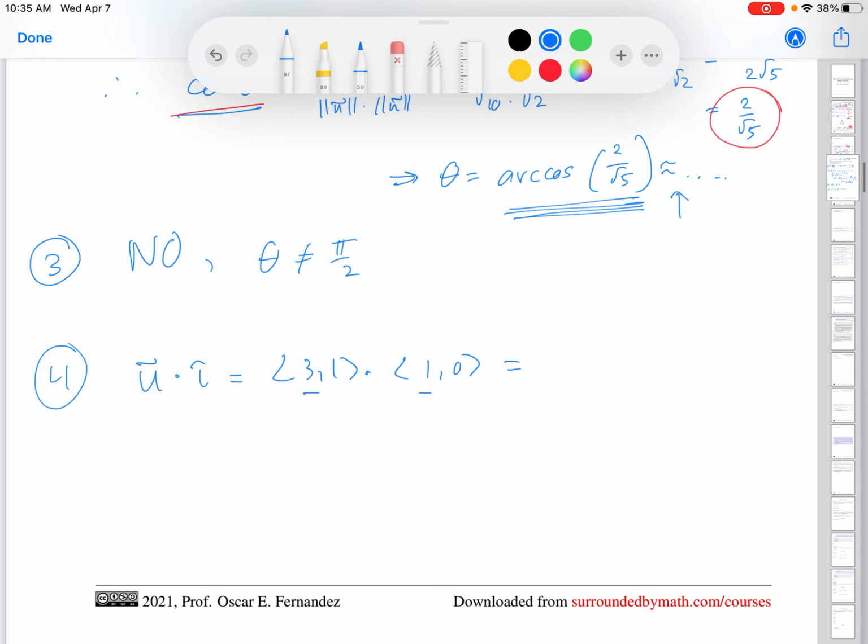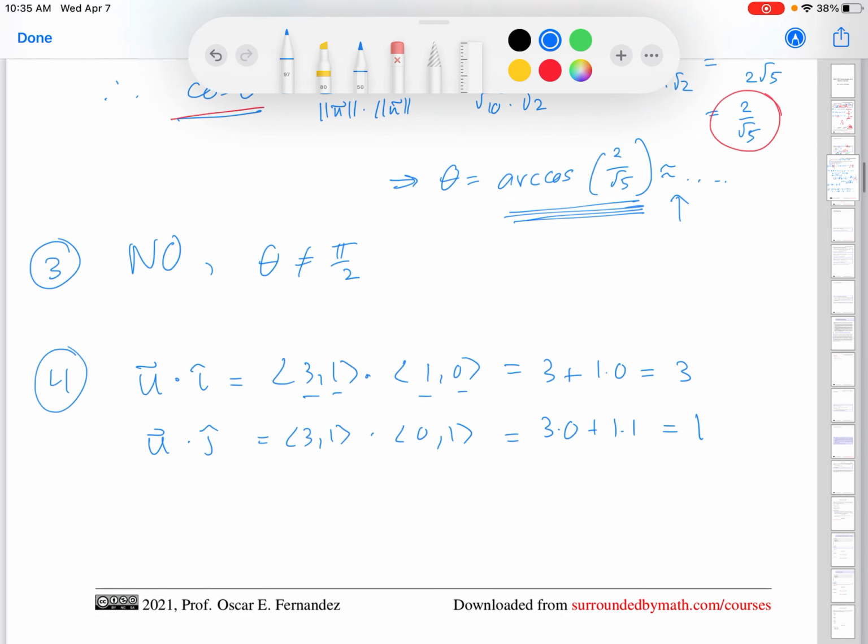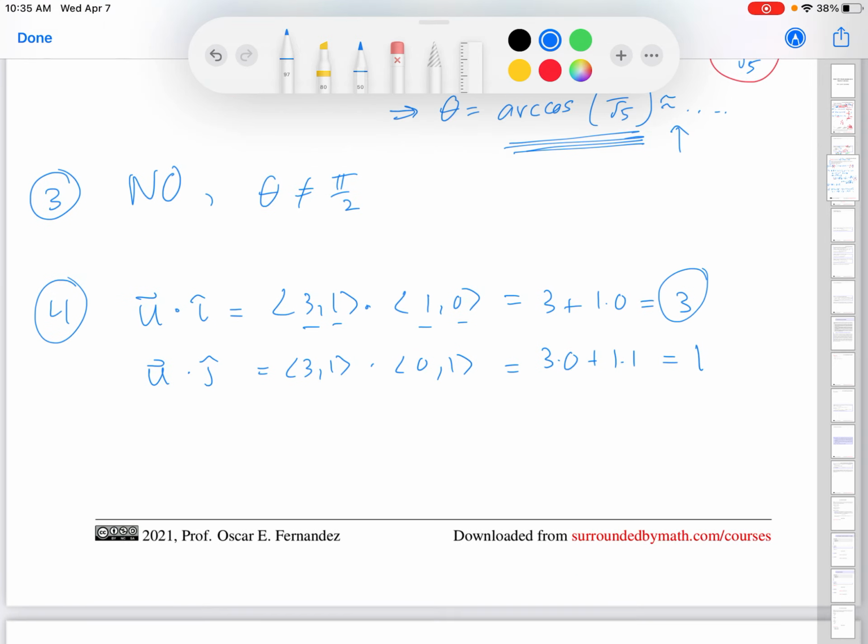So I multiply the x components together and I add the product of the y components, which is 0, so I just get 3. And then u dot j-hat, (3, 1) dot (0, 1). Similar thing, so here I get 3 times 0 plus 1 times 1, so I get just 1. So that's basically all that I asked you to show for number 4, that in fact u dot i is 3 and u dot j is 1.